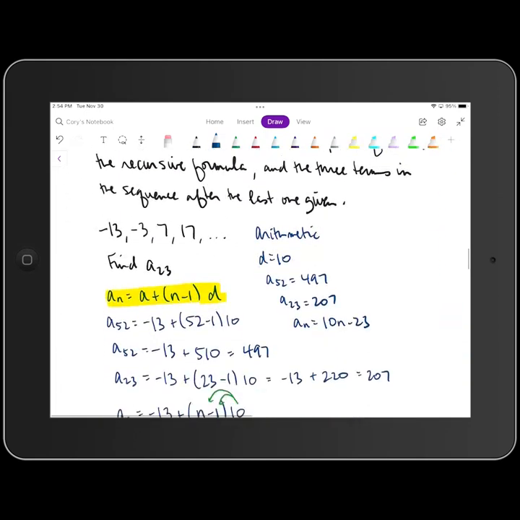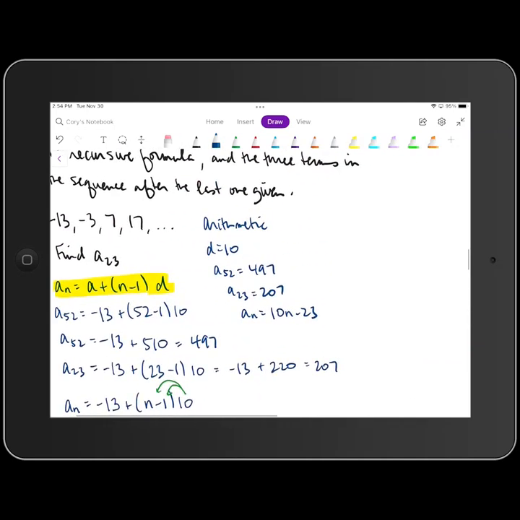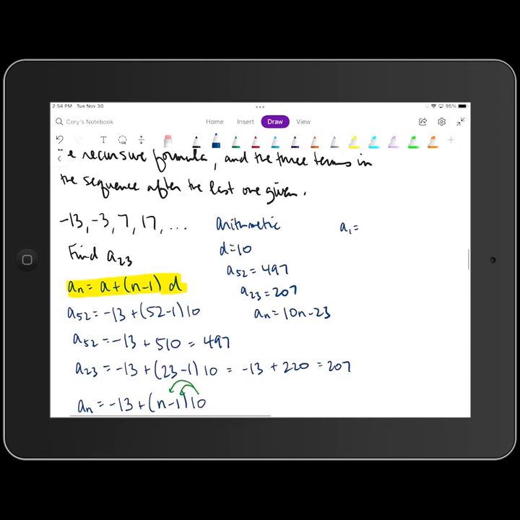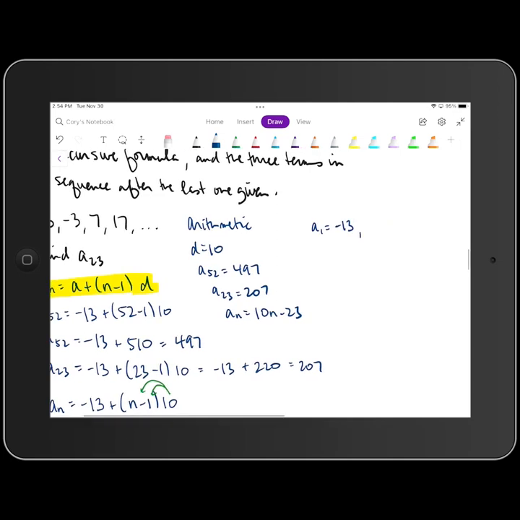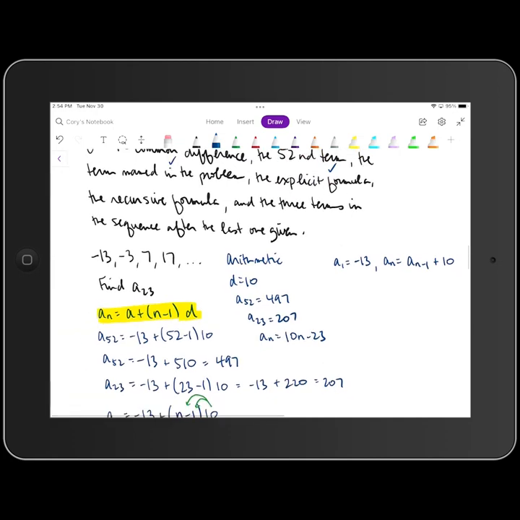The first term, a sub 1, is equal to negative 13 in this case. And then every term after that, a sub n, is equal to a sub n minus 1 plus the common difference, which is 10. So that right there is the recursive formula for that sequence.